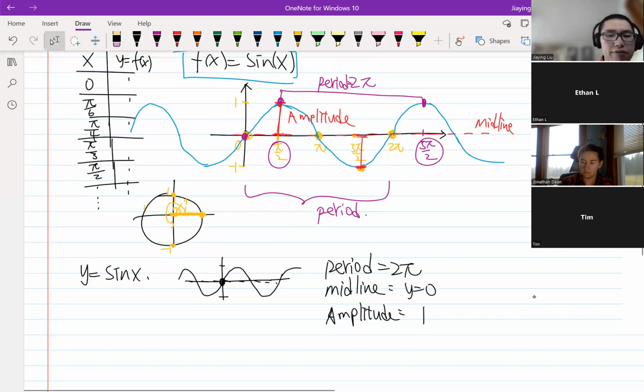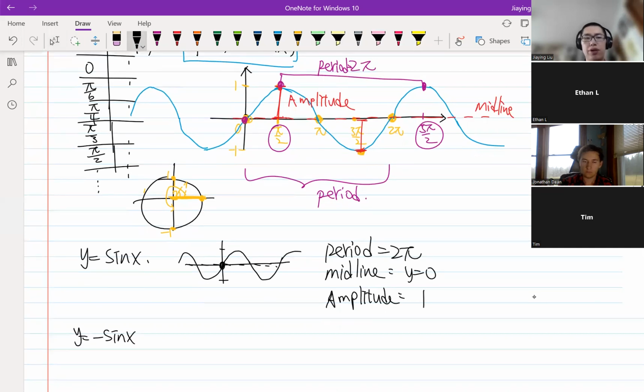So if we have y equals negative sine x, with the negative, if you remember, when we take the sine function and multiply by -1 in front of it, the negative just flips the graph about the x-axis. So we end up with this graph. The midline is still the same, it doesn't change. The amplitude is still 1.